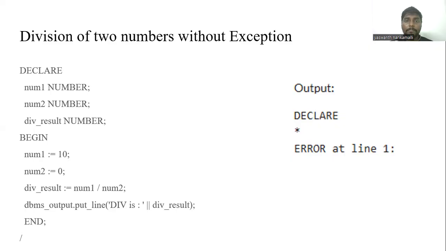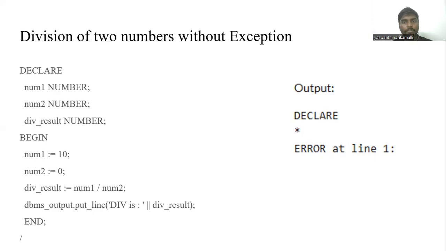Inside the print statement, I have given, in quotations, a text called Division is. Then the pipe symbols help to concatenate both the text and the variable value, div underscore result. Here the result is infinite.